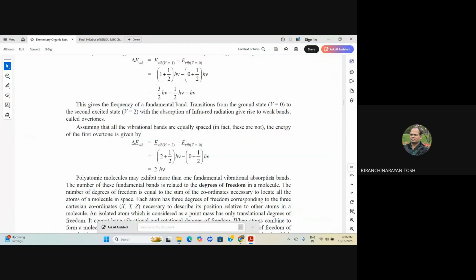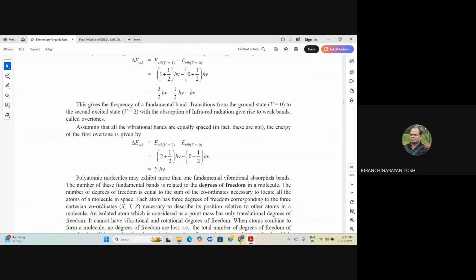So infrared spectroscopy deals with the molecule, not the atom. For simplicity, let us take a diatomic molecule. Any diatomic molecule can be taken, let it be HF, HCl, carbon monoxide, anything. Just imagine the total number of degrees of freedom, which means how many types of motion there will be.